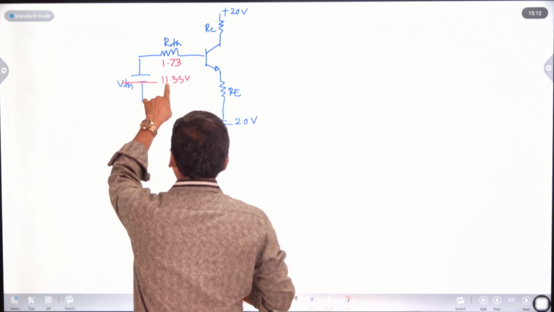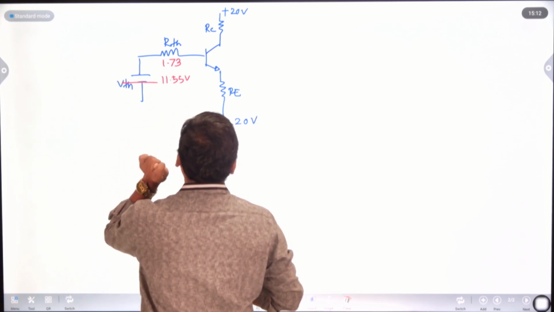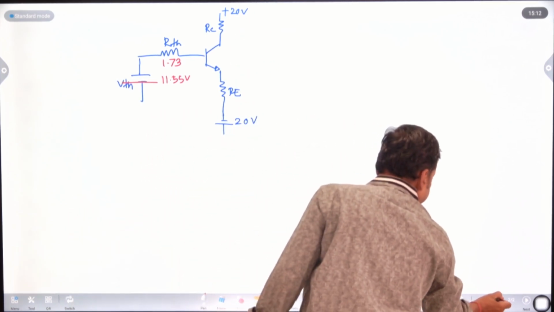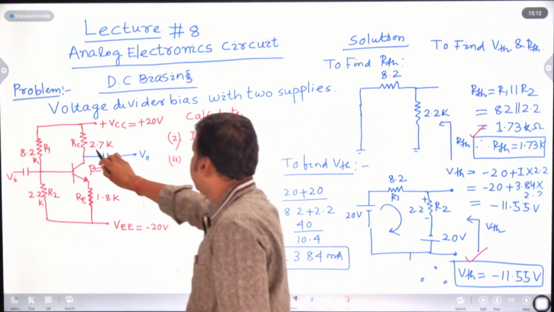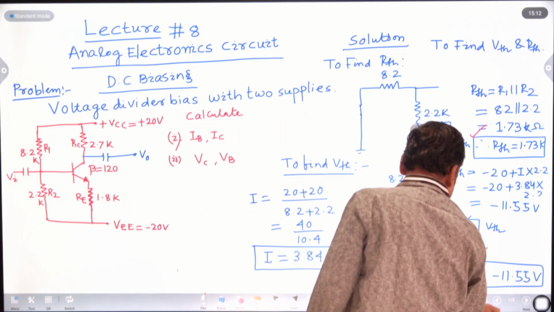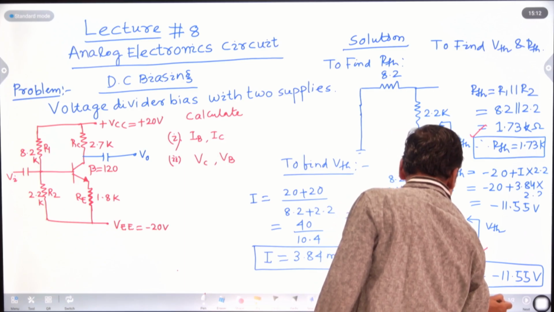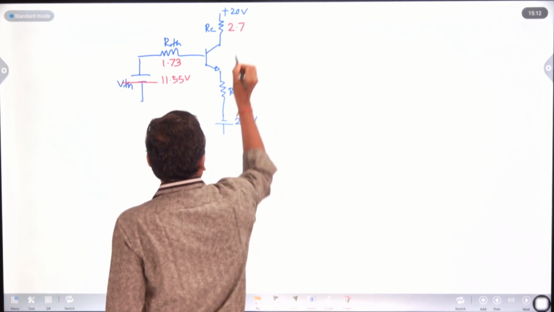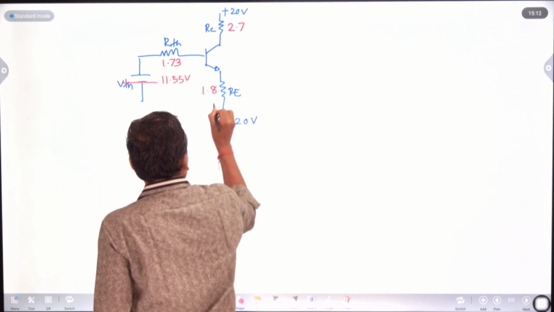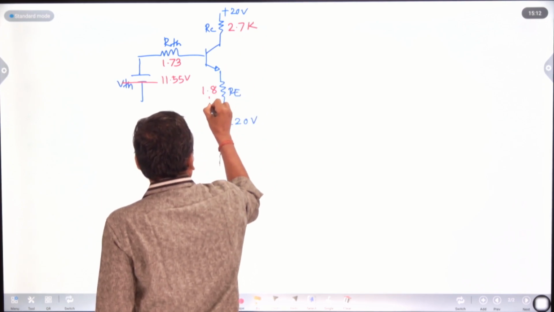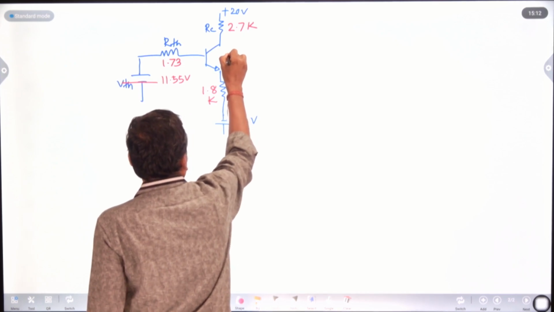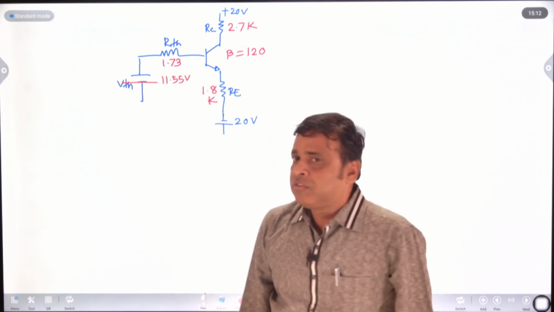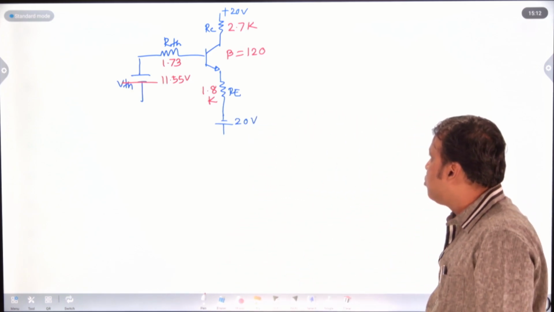This is your 1.73 RTH, and this is your RC. The resistances are given: this is 2.7 kilo ohm, this is 1.8 kilo ohm, and beta is already given, beta equal to 120. This is your exact equivalent circuit of voltage divider bias with the two supplies.